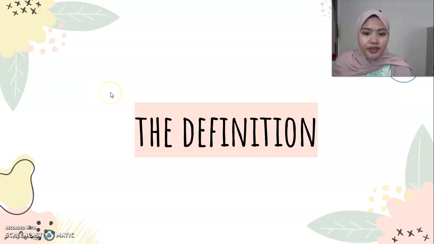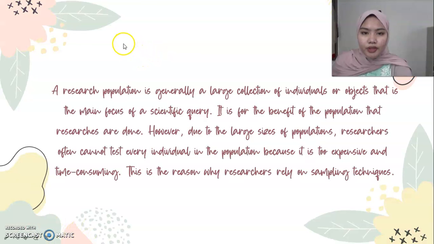Now I will start with the definition, but before talking about the definition of sampling, I'd like to tell you about population first, because population is closely related to sampling. Population is generally a large collection of individuals or objects that is the main focus of a scientific query.